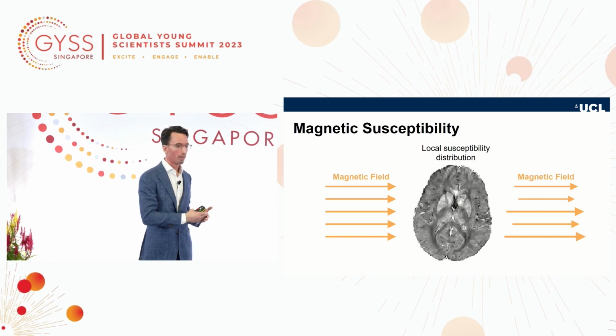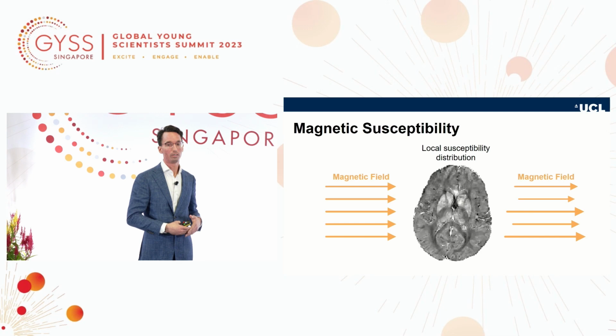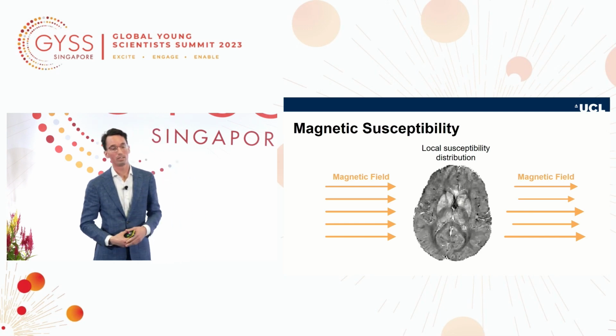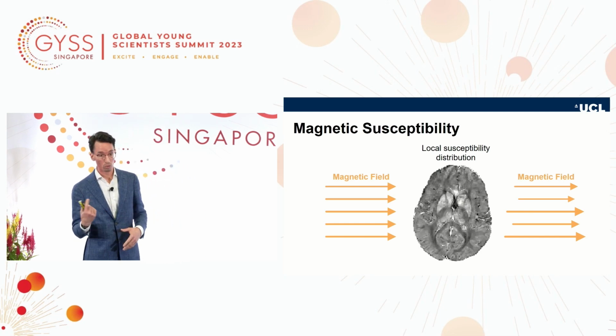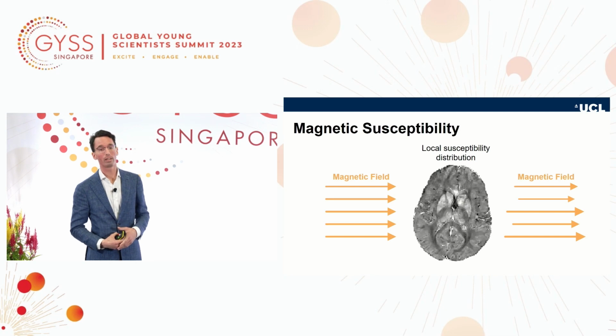Now, the field determines the speed at which this net magnetization moment is rotating, through something that's called the Larmor frequency. And that means for a stronger magnetic field, we have faster rotating spins, and for a lower magnetic field, it's slower.